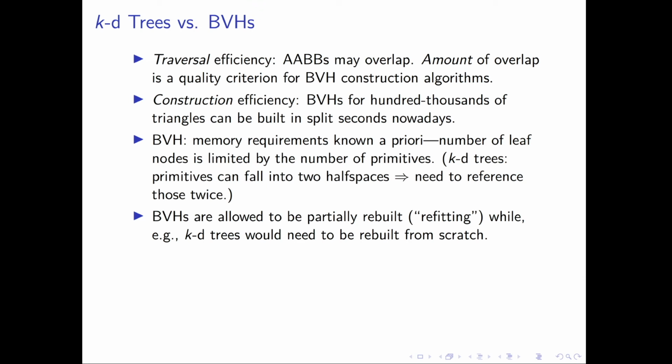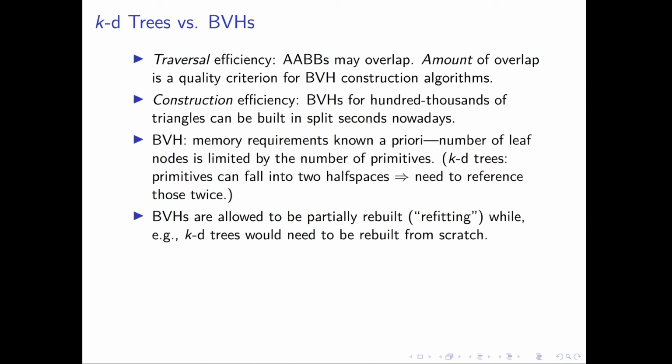What's also nice about BVHs is that they allow for partial rebuilds. That is, we can take subtrees of the BVH, arbitrarily move those subtrees around and build a new BVH over just the subtrees. Regardless of what the quality of the tree will be, we might introduce some significant overlap, for instance, the BVH that results from that will still be correct.